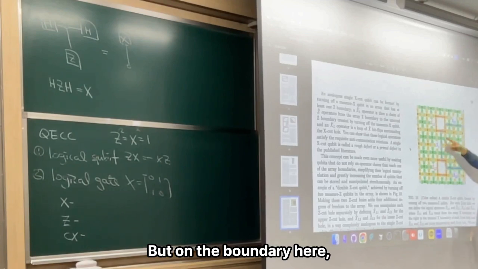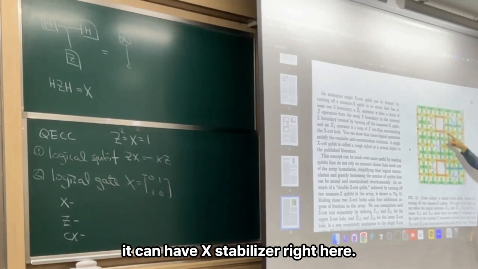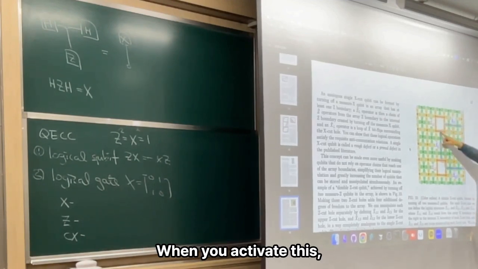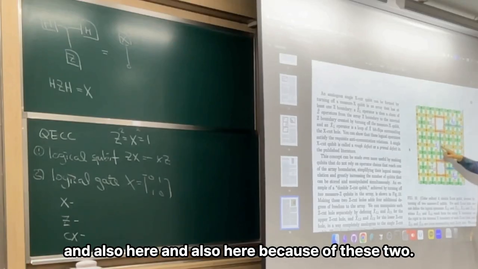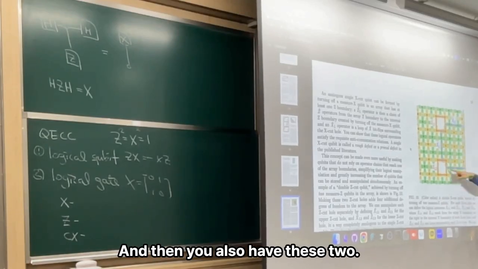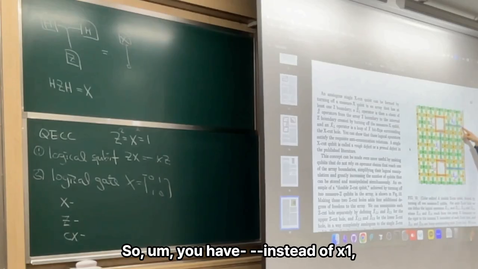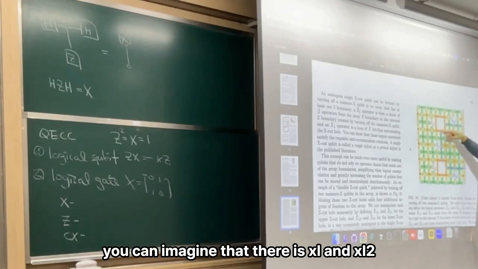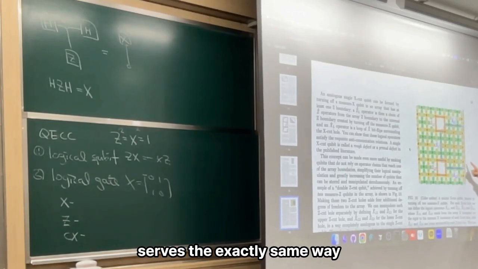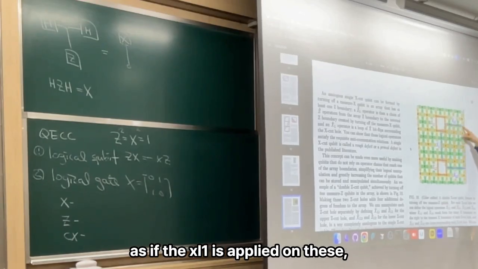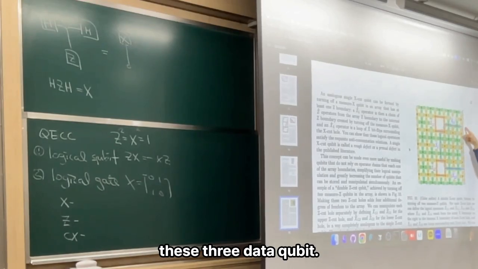But on the boundary here, you can have an X stabilizer right here. When you activate this, there's an X stabilizer applied here, and also here, because of these two, and then you also have these two. So instead of XL1, you can imagine that there is XL and XL2, which serves exactly the same way as if XL1 is applied on these three data qubits.